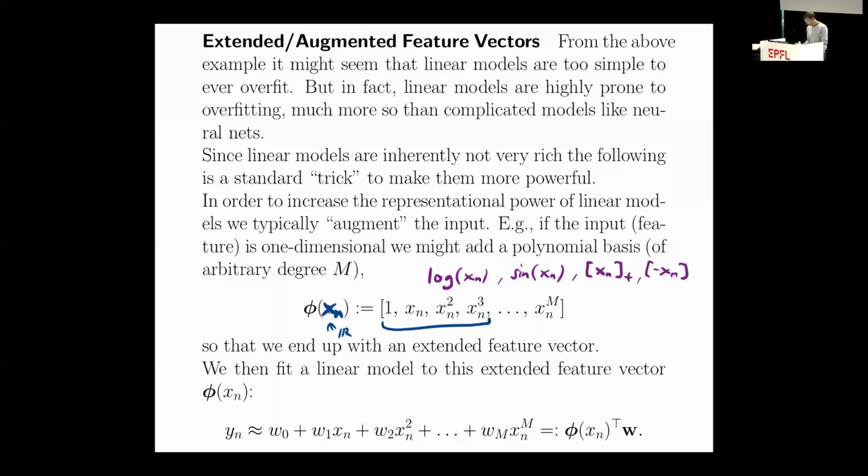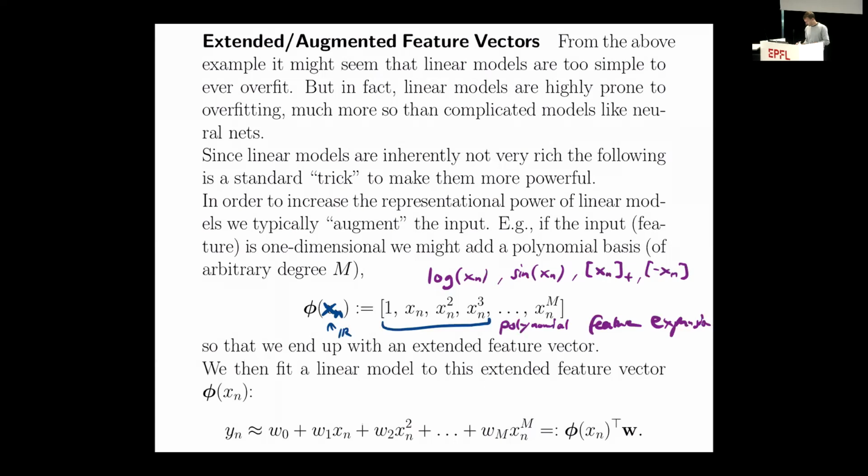But then the systematic way is to use what we call polynomial features, which is just the original one taken to the power of m, or whatever degree you choose to use. These guys here are called the polynomial features, or polynomial feature expansion if you want.